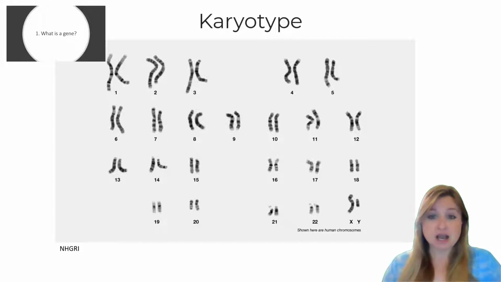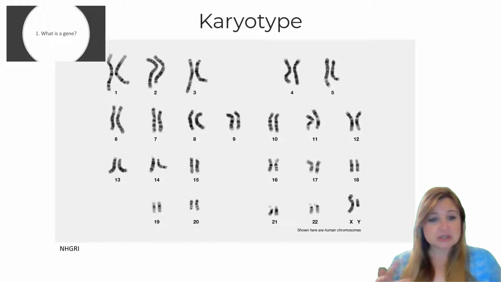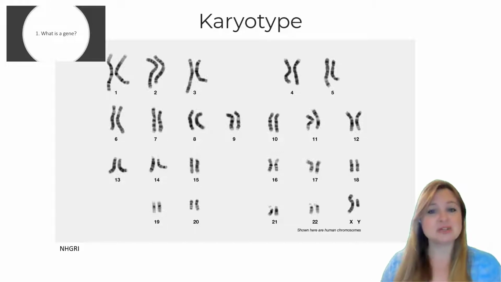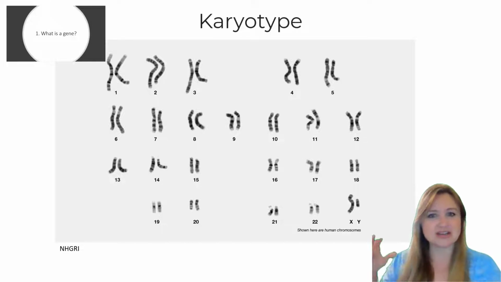During certain times, you can photograph the chromosomes in our cells, and then the karyotype lines them up from biggest to smallest. Okay, so what I want you to notice here is these little squiggly lines that we see, those are the chromosomes. And the chromosomes, remember, that's how the DNA gets wrapped up into these structures, okay? DNA gets wrapped up into these chromosomes.